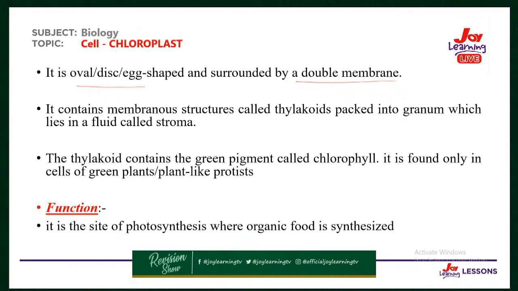If you are holding the 10 all in your hand, then that 10 you are holding is the granum. But if you have another set of 10 and you are referring to two stacks or two piles, then in biology we say grana. Again, if you arrange coins up down in a vertical form, one coin is a thylakoid.